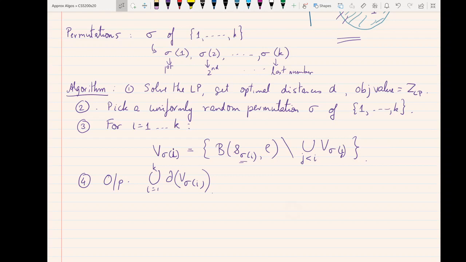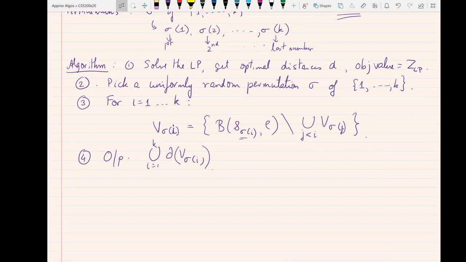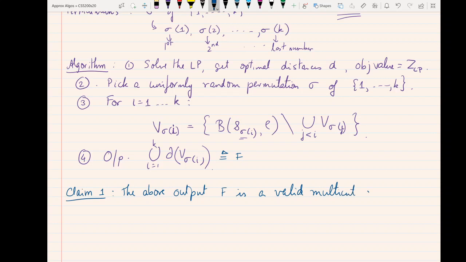Define this as F. Now, the first claim, of course, is that the above algorithm outputs a valid multicut, and the proof should be obvious.